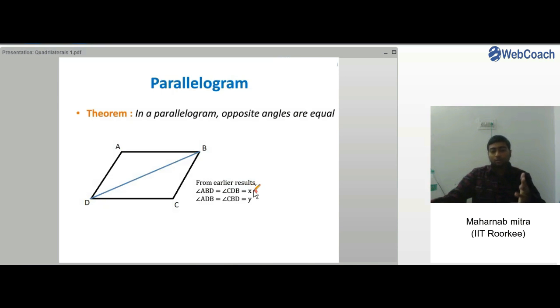You can see we have taken these angles as x and y. We have taken angle ABD and angle CDB as x. This is x, this is x. And we have taken angle ADB and angle CBD as y.